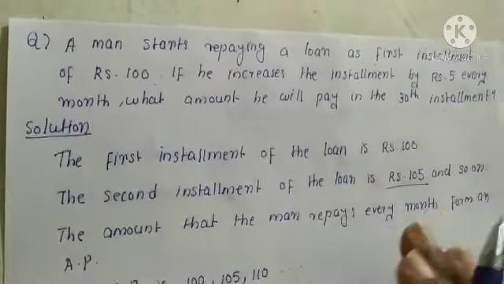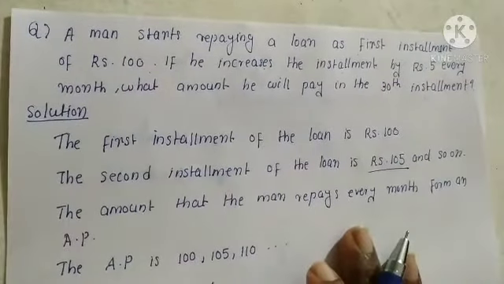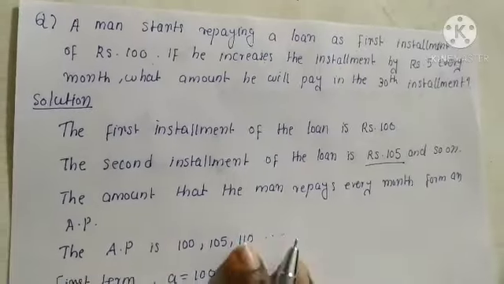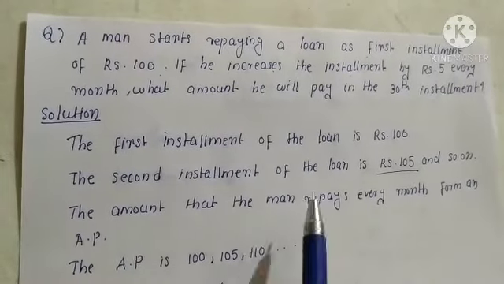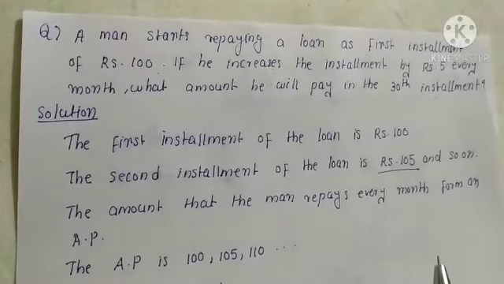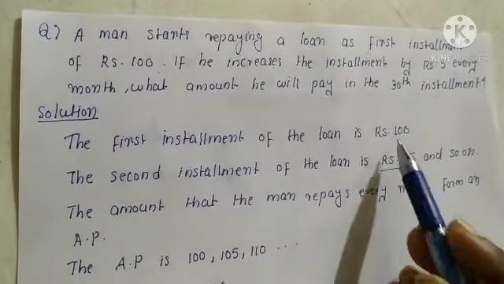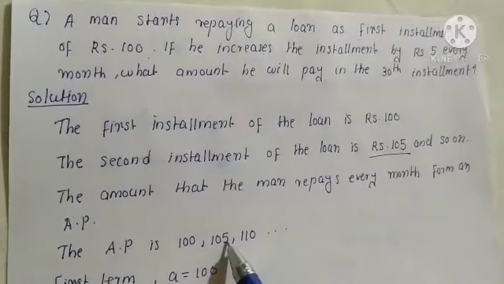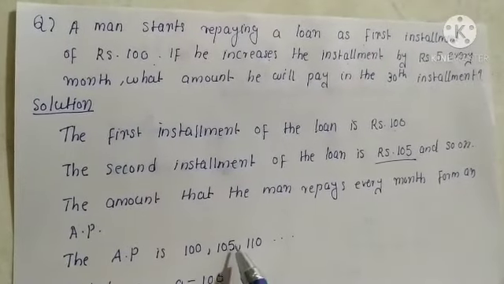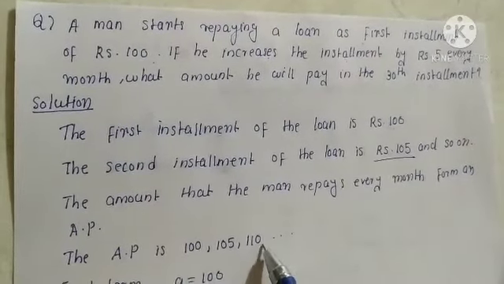And so on. It is very clear from this statement that the amounts the man repays every month form an AP. The first installment is 100, the second is 105, the third is 105 plus 5, that is 110, etc.